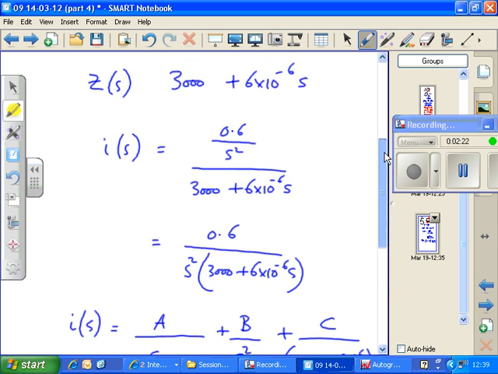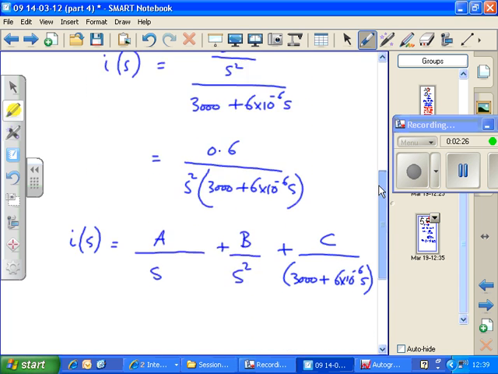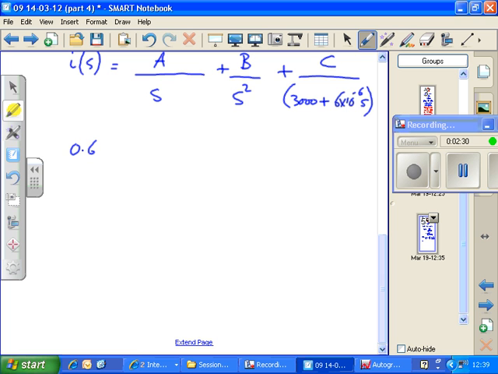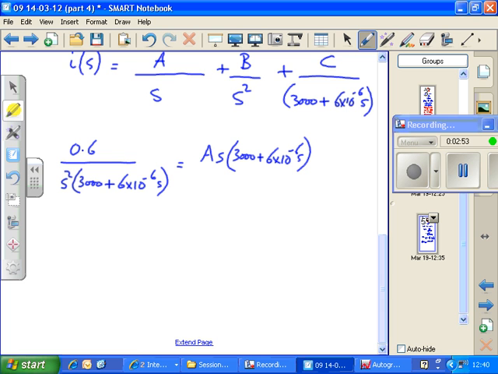So we get that 0.6 over S squared into 3000 plus 6 times 10 to the minus 6 S equals A times S, 3000 plus 6 times 10 to the minus 6 S, plus B times the bracket, plus C times S squared all over that denominator.